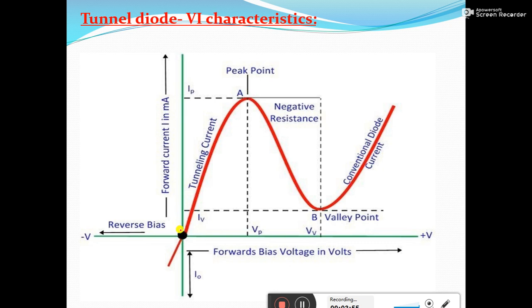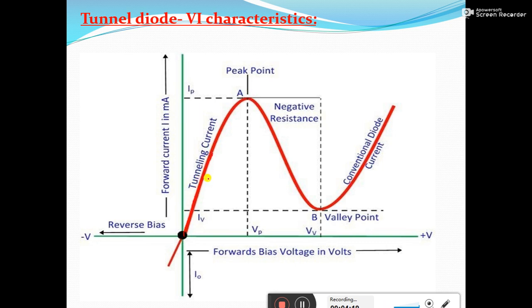You can see here the characteristics of the tunnel diode. Current is taken along the y-axis and voltage along the x-axis. As the forward bias is increased, with a small forward voltage the current increases because of the tunneling effect.